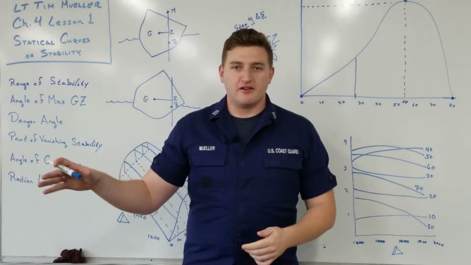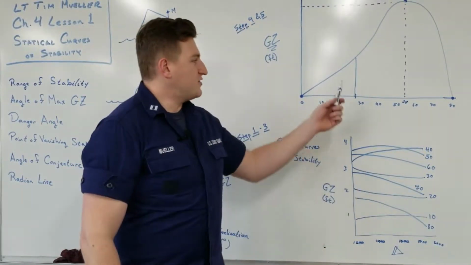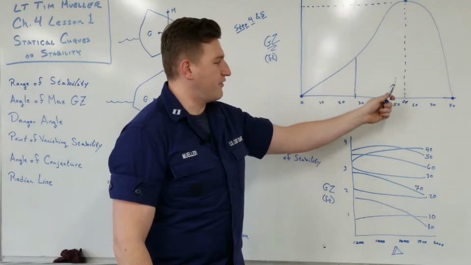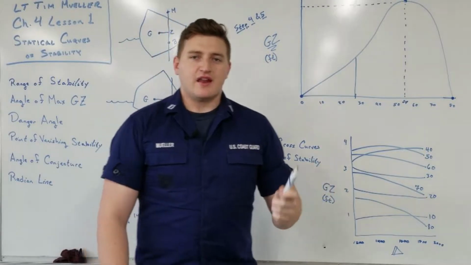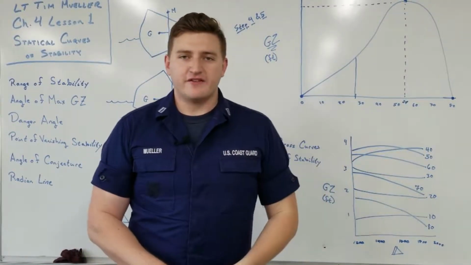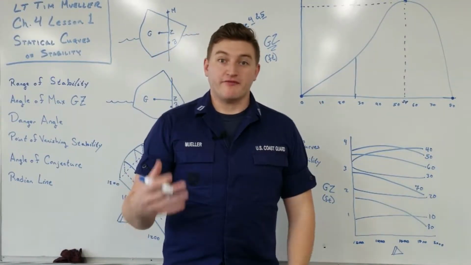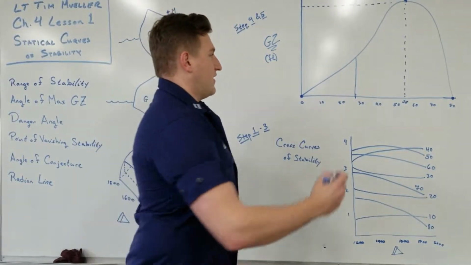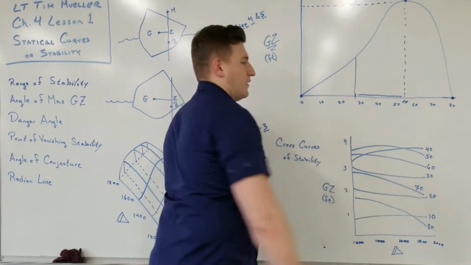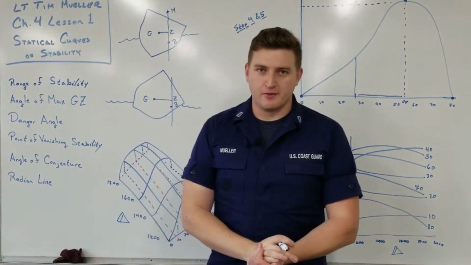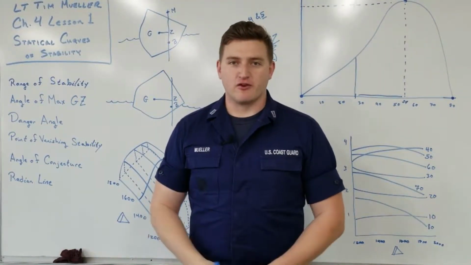And we'll get into that in a later video. However, just remember, your danger angle is 1/2 of your angle of maximum righting arm, and the danger angle tells you that if you list to that angle in 10 to 15 minutes, then your ship is very likely to capsize. It just gives you this much time for you to start to recommend to the captain to abandon ship and start making preparations for abandoning ship.